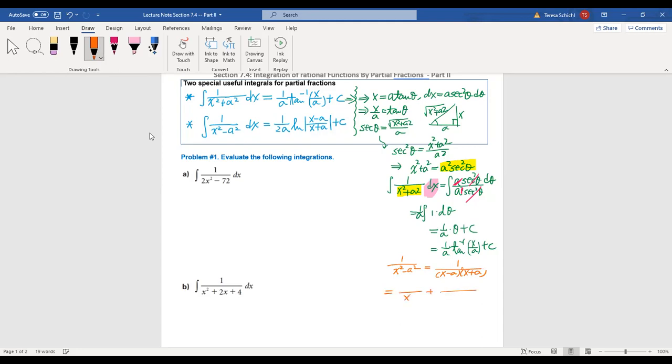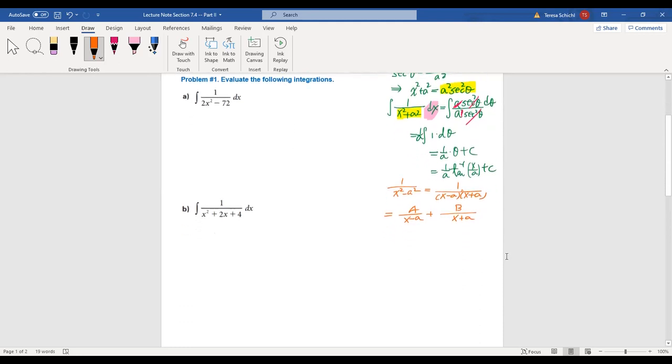So we have x minus a, x plus a, then you have A and B, right? After you have the A and the B, then you find the common denominator. So the common denominator will be x minus a, x plus a. So this term will be A times x plus a, then plus B times x minus a, right?